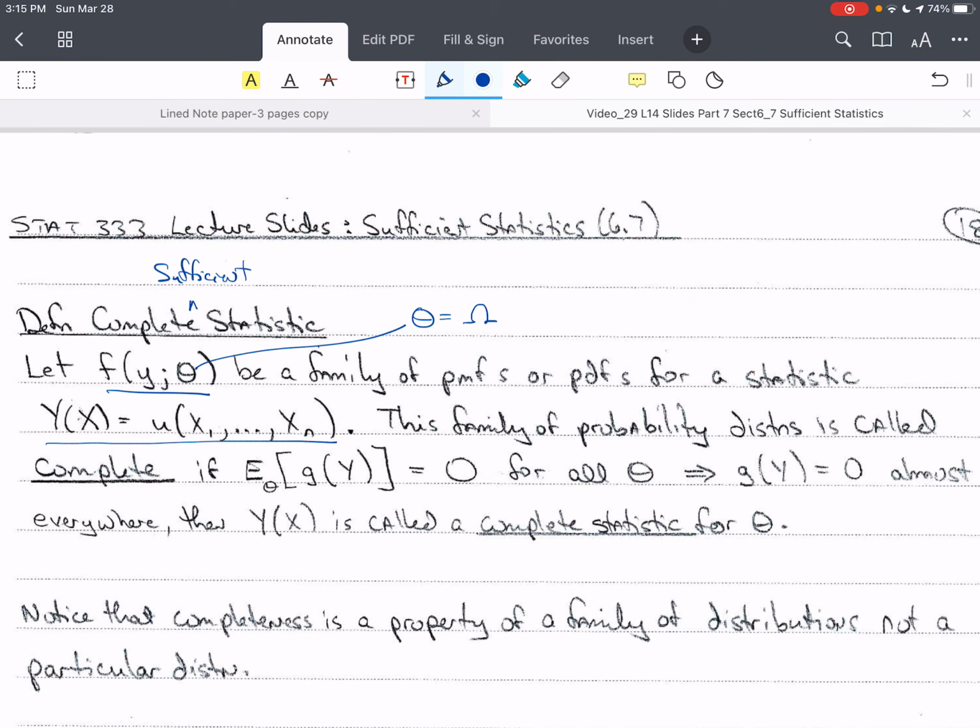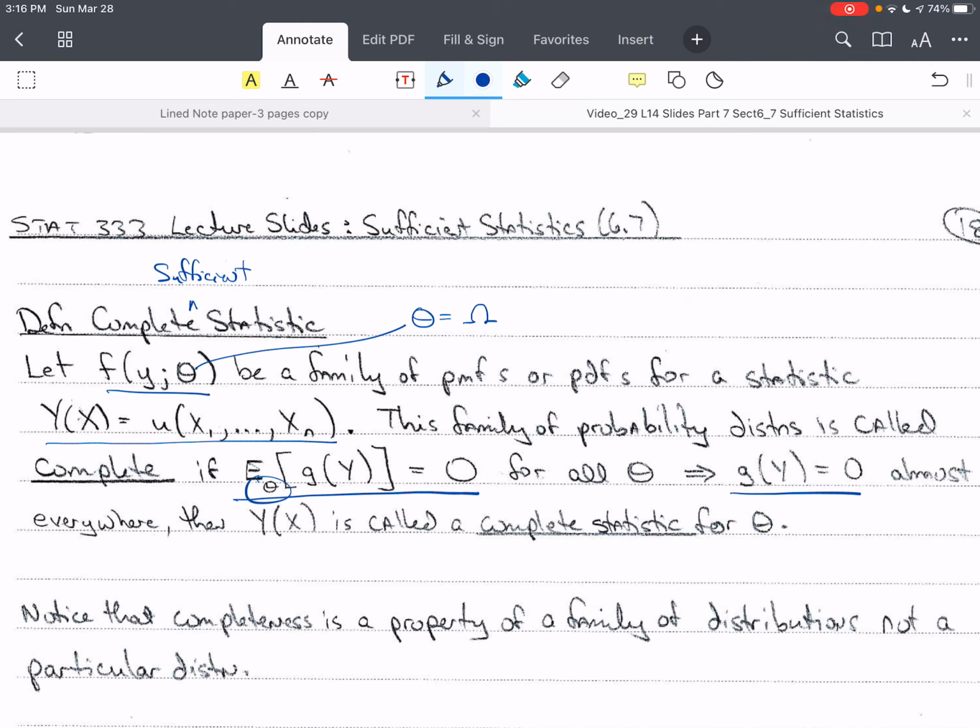This statistic is operating on the random sample. So this family of probability distributions is called complete if the expected value with respect to theta, not with respect to x, of g of y is equal to 0 for all theta only if g of y is equal to 0 for almost all cases.